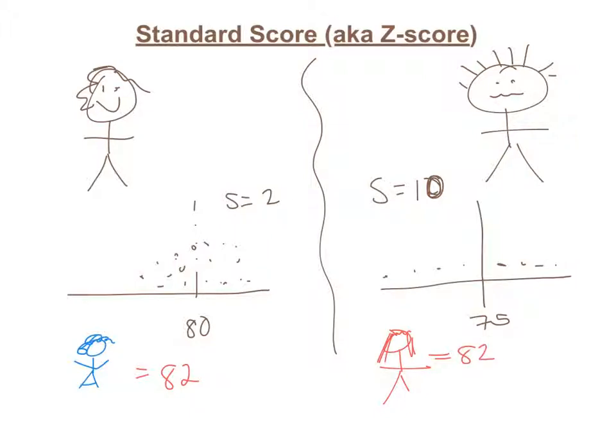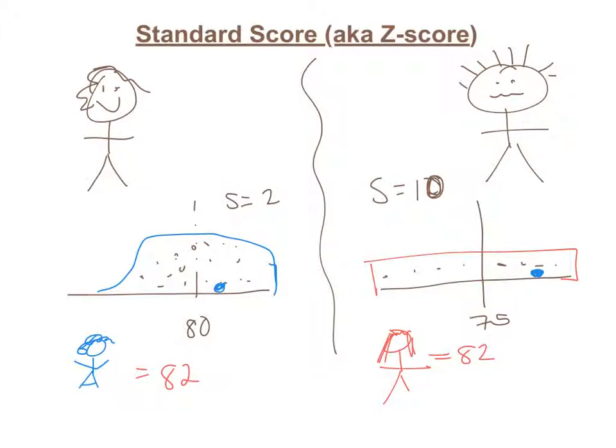Which friend actually did better relative to the performance of their class? Which one actually did better relative to the performance of their class? So is an 82 here better or worse than an 82 here? And we are going to figure that out.